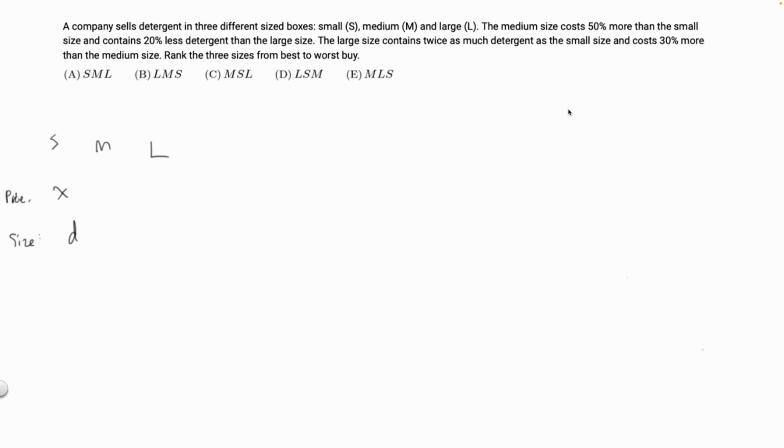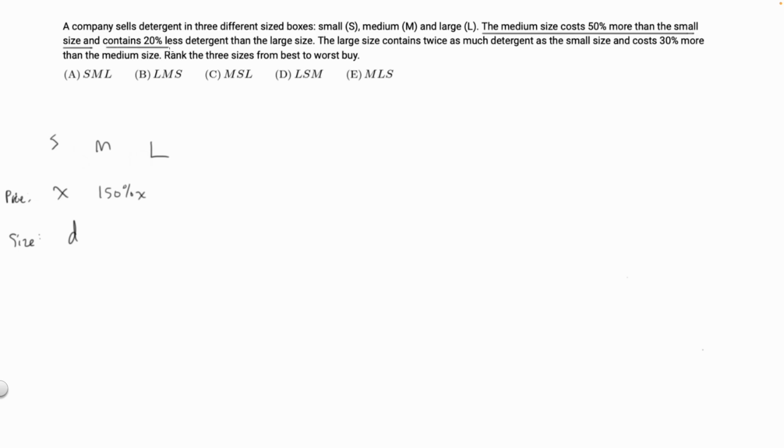And from here, the medium size costs 50% more than the small size. So if it's costing 50% more than X, then we're adding 50% to 100% since that's the normal price. So it's going to be 150% of X.